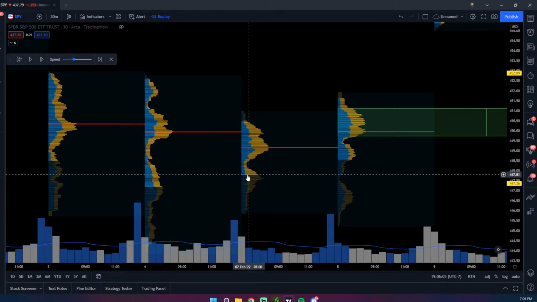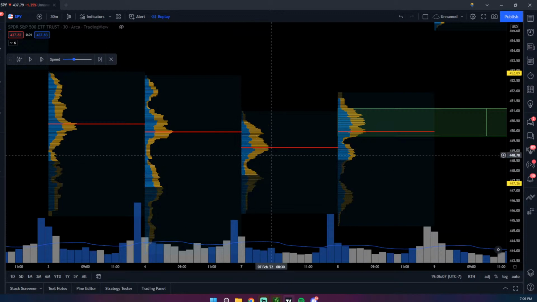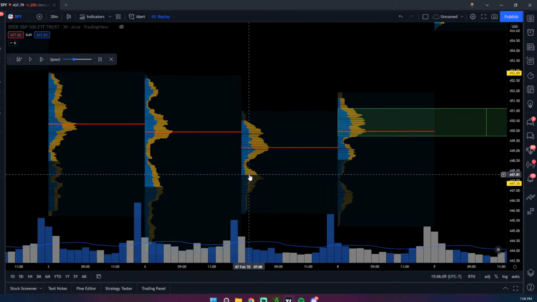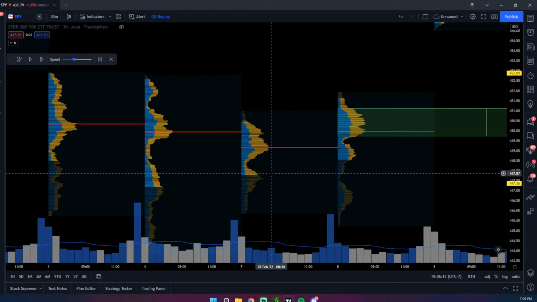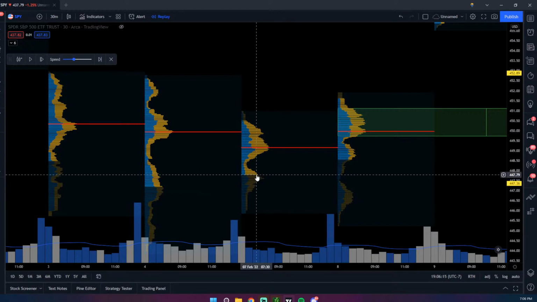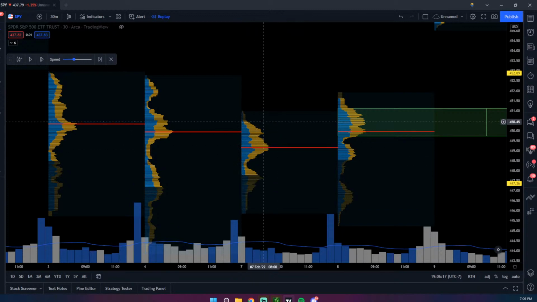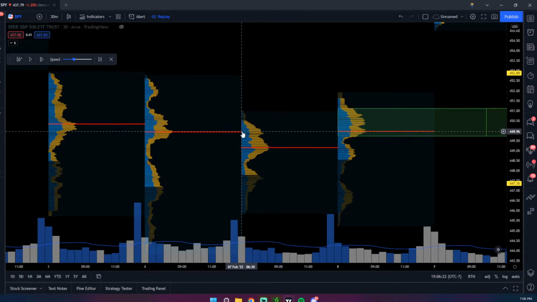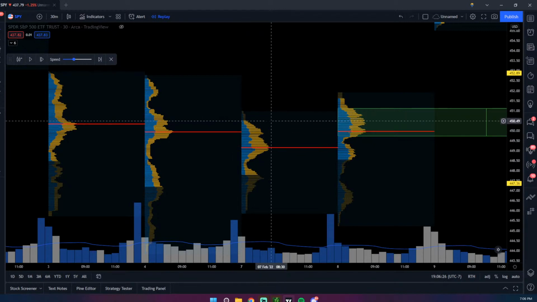And that is, if the price comes down below this value area and then you cross back over into it, you can take calls as soon as you cross over into it. And there's an 80% chance it will go from this side to this side. And on the opposite, if we cross up above out of the value area and back into it, you can take puts from the top of the value area down to the bottom of the value area.